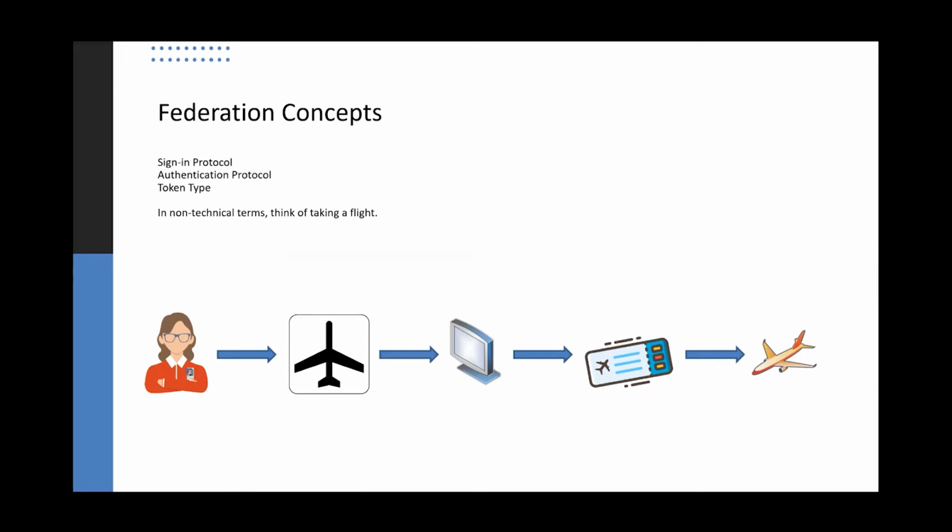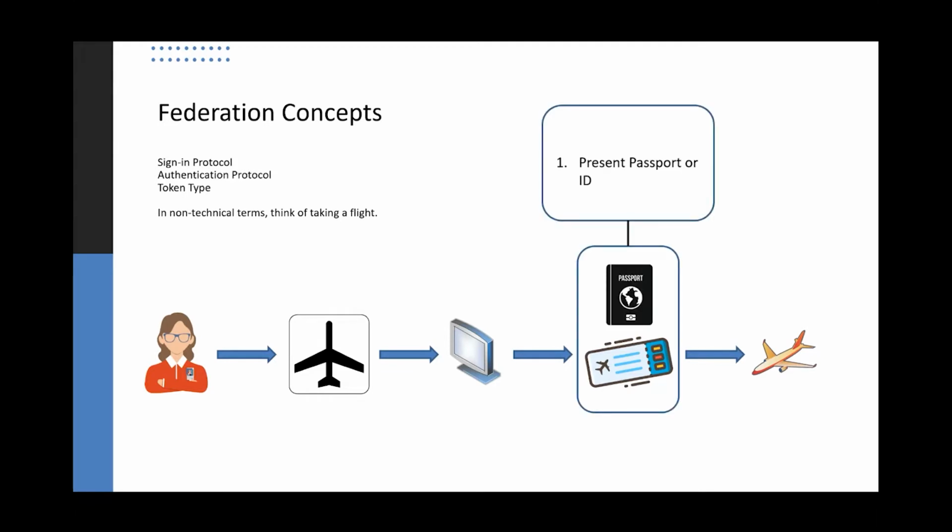When we got that boarding pass, it wasn't just given to us; we had to prove who we were to receive it. So we presented some kind of passport or identification, depending on where we're flying. Think of this as your authentication protocol. The most common would be forms or Kerberos.